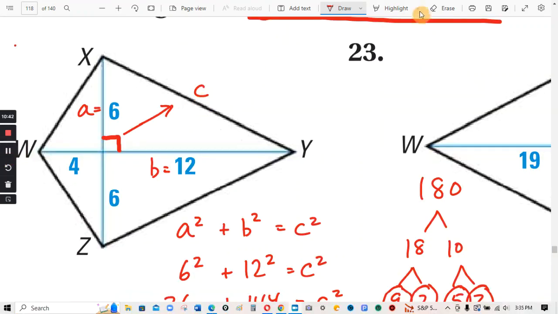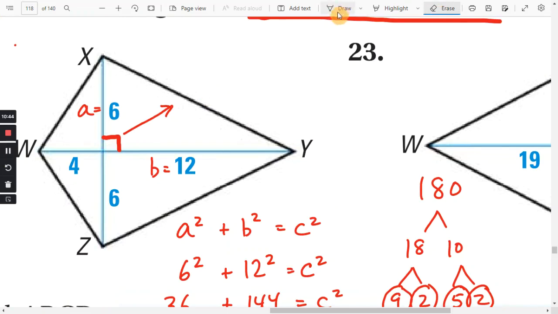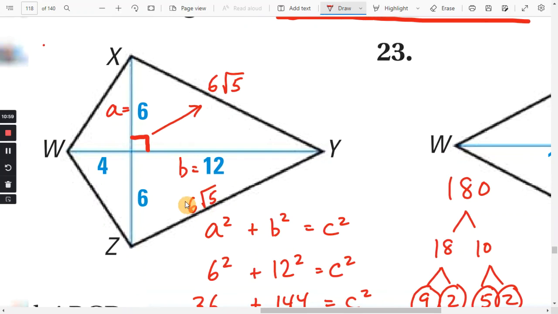So the value of C is going to be 6 radical 5. And of course, since we have 6 and 12 right here, this side is also going to be 6 radical 5.